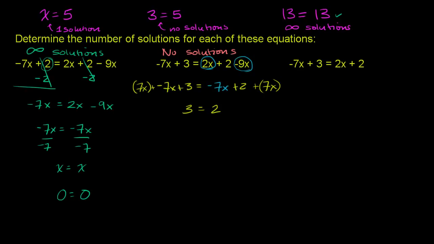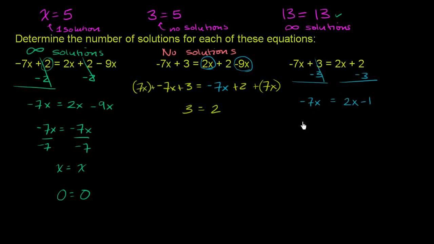Now let's try this third scenario. So once again, maybe we'll subtract 3 from both sides just to get rid of this constant term. So we're going to get negative 7x on the left-hand side. And on the right-hand side, we're going to have 2x minus 1. And now we can subtract 2x from both sides.